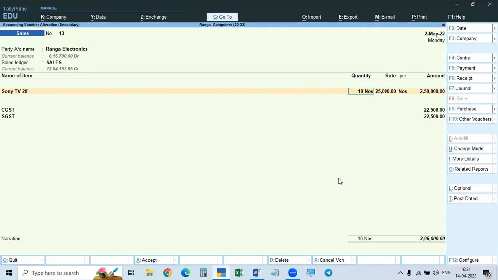If we enter less quantity, we have to increase the quantity, isn't it? This bill we should not alter. That is why we are issuing the other notes, debit note or credit note. That is the use of debit note and credit note. So we have to increase the sale value by 2 units, that is 2 numbers. To increase the sale bill means the customer's account is also to be increased.